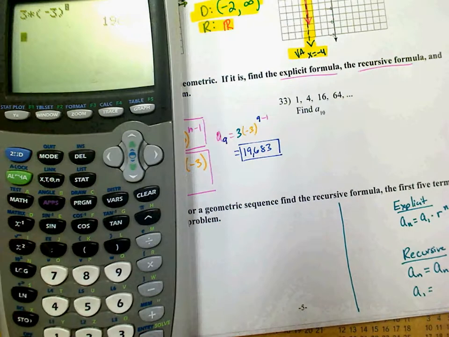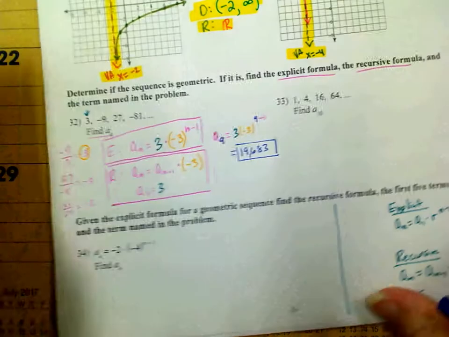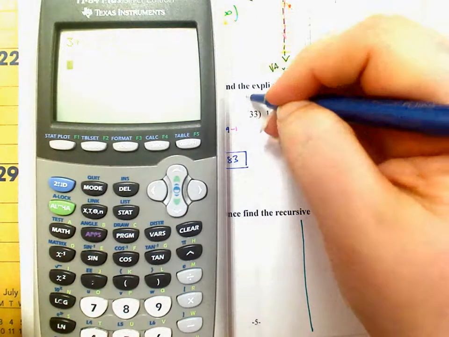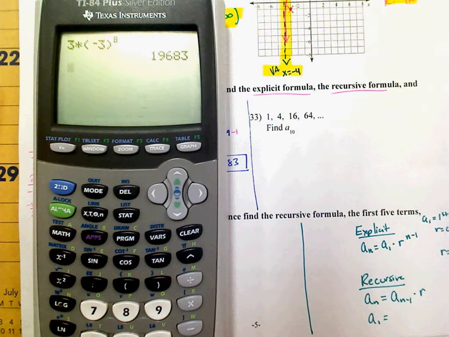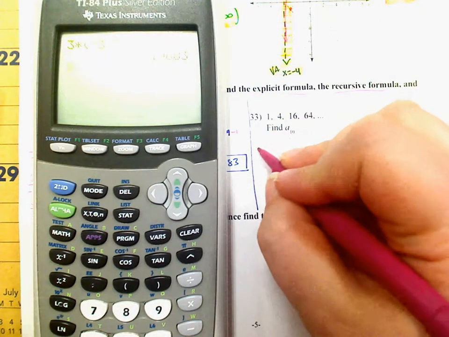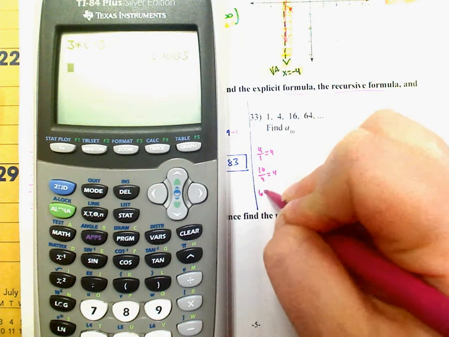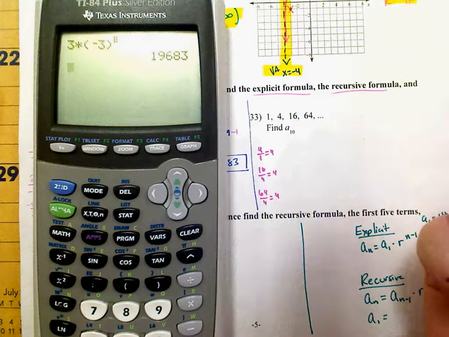On number 33, I need to find the common ratio. We good? No questions? Okay. So 4 divided by 1 is 4, 16 divided by 4 is 4, and 64 divided by 4 is 4. So my common ratio is 4.